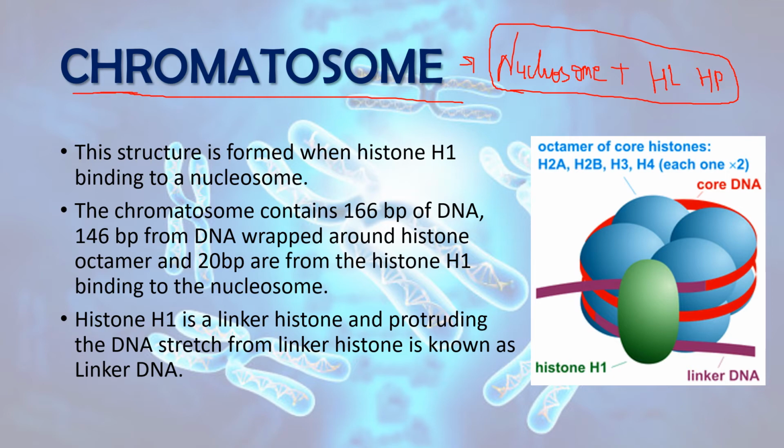We are not considering linker DNA in this. We are just taking nucleosome and H1 histone protein. So the complex of nucleosome and H1 histone protein is what? It is chromatosome. So this structure is formed when histone 1 binds to a nucleosome.